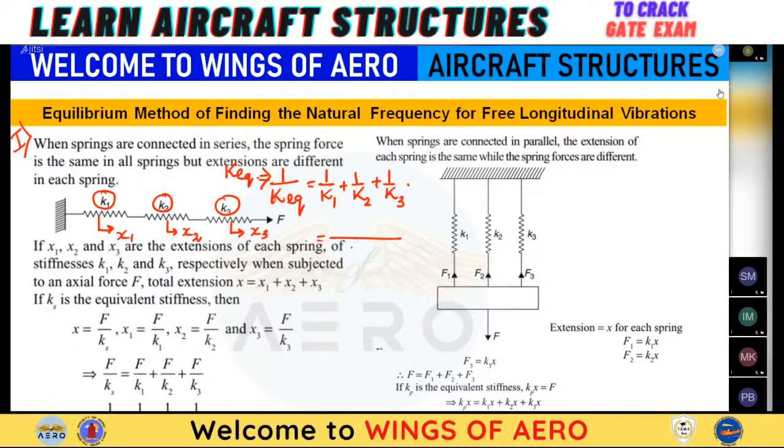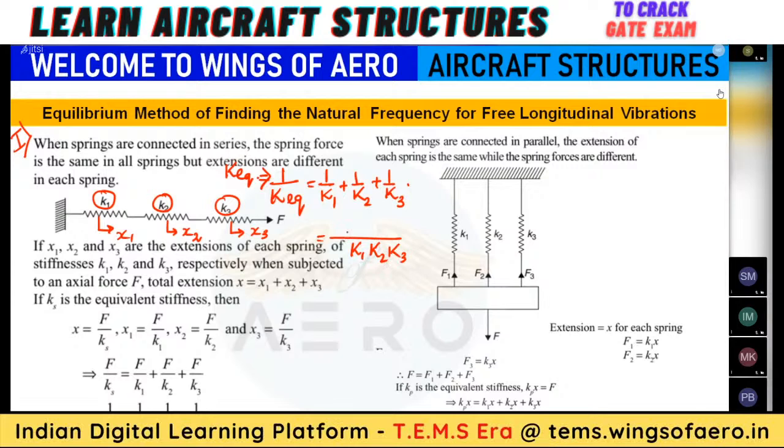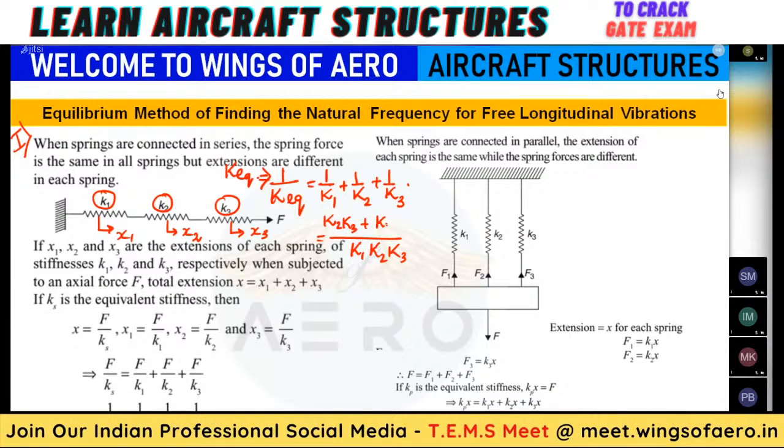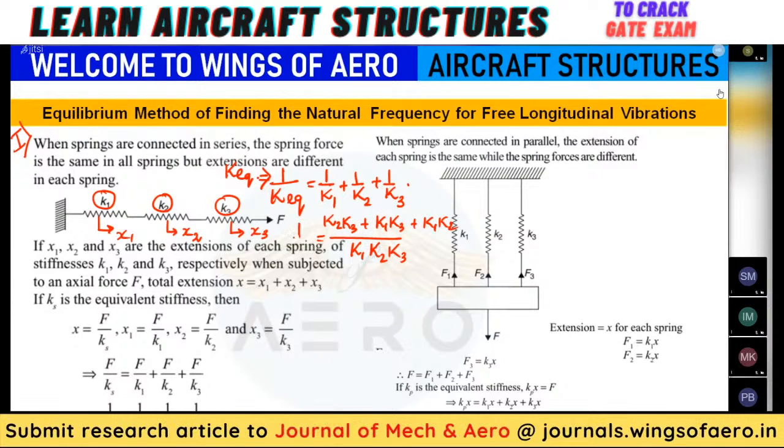When you solve, you get K2 K3 plus K1 K3 plus K1 K2 over K1 K2 K3 for 1 by K equivalent.